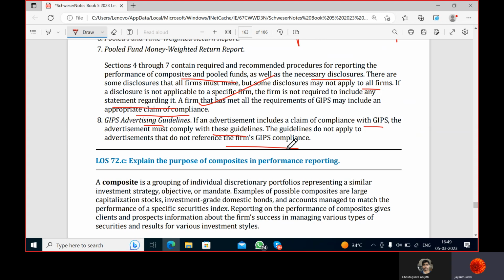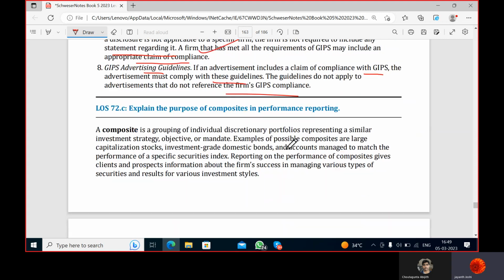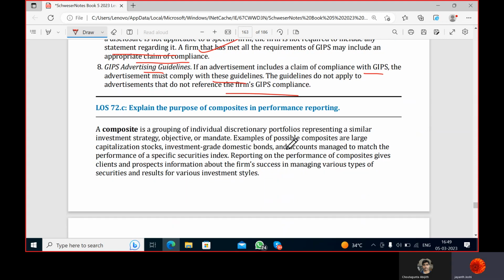But guidelines do not apply to advertisements that do not reference the firm's GIPS compliance. You can show it as additional information that you're complying with GIPS, but that advertisement won't need to comply with the GIPS guidelines. Correct?